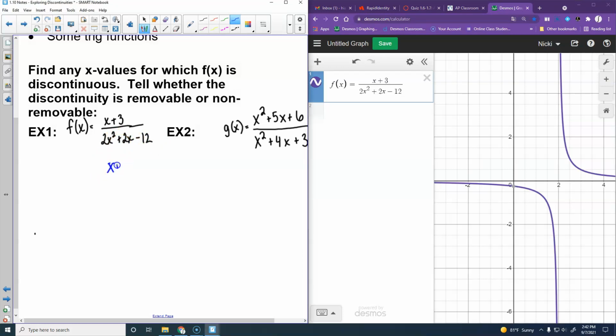So, if I do that, I warned you guys that you would need to factor for like the rest of your lives, or at least as long as you're in math classes. So I would factor the 2 out. X squared plus x minus 6. You don't necessarily have to do that, but I'd like to.